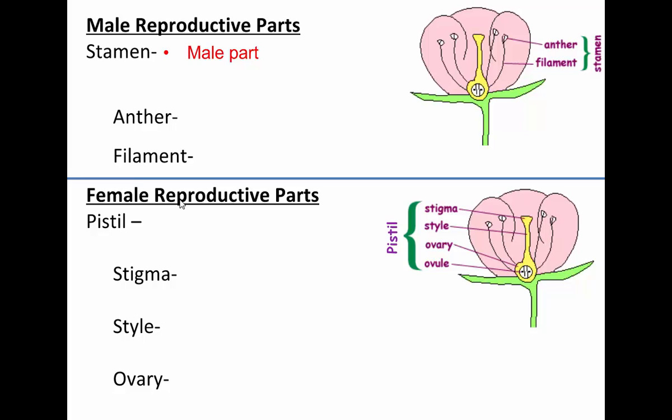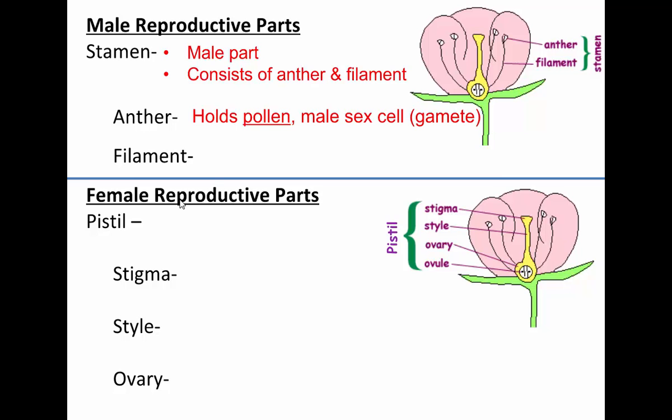The anther is the end of it, and that's where pollen is produced. The anther is where the pollen is made, the male sex cell of the flower. The sort of stalk that holds it up in the air is called the filament.